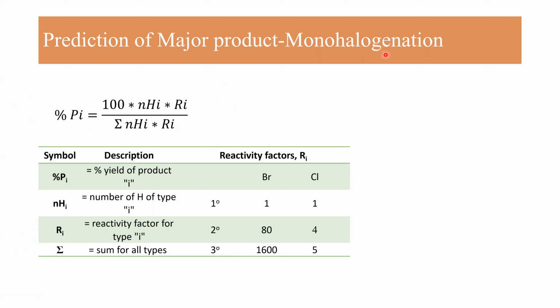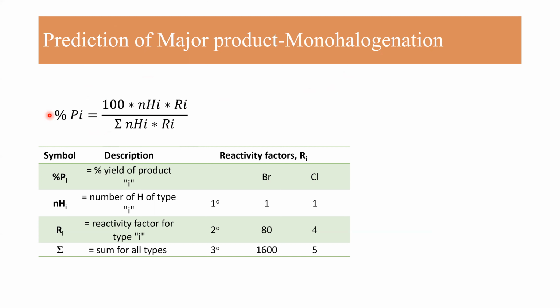When we have di- or trihalogenated products, we cannot predict the major products by this equation, right? For monohalogenation, we will see how we can calculate mathematically which is the major product and which is the minor product.